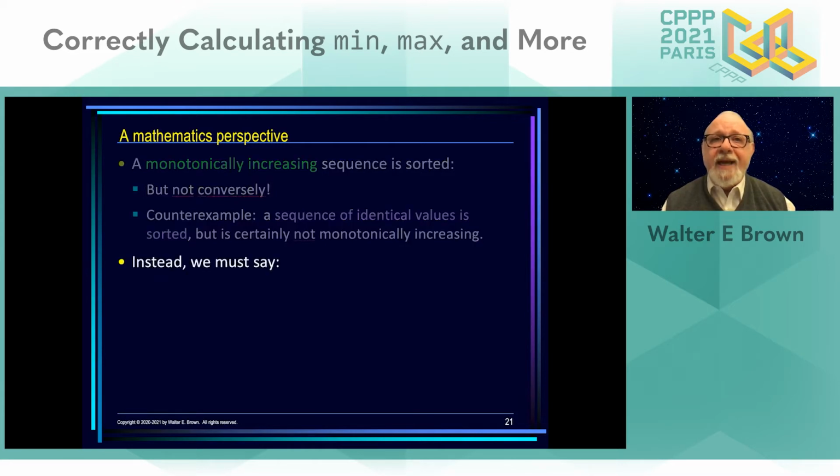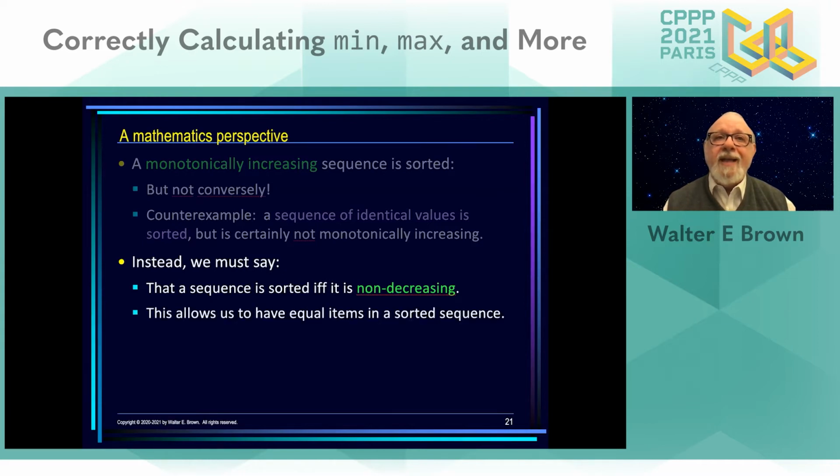So instead, what we should be saying is that a sequence is sorted if and only if it is non-decreasing, assuming we want it in increasing order. And this is what allows us to have equal items in a sorted sequence.